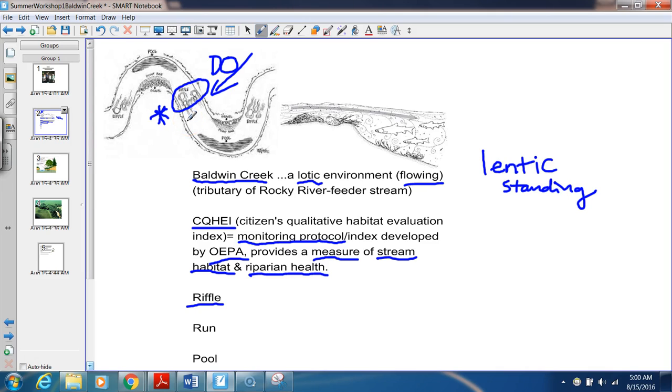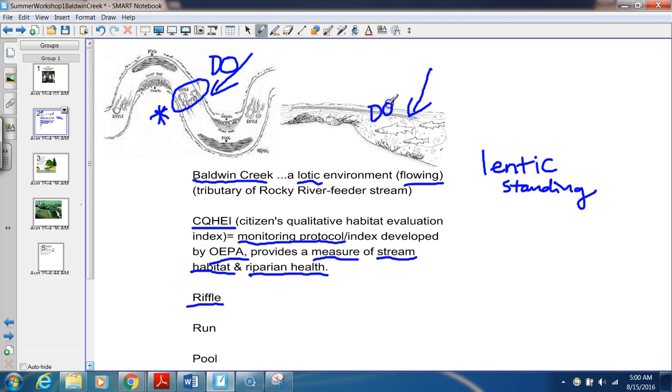You can kind of consider the riffle as an analogy to our lungs and the ability of our lungs to extract oxygen from the air and to feed our cells. So that's what the importance of riffle zones are. And then, as you can see in this picture here, you have these large aerobic organisms. These are trout that know where to go. They know where to go to get that dissolved oxygen.